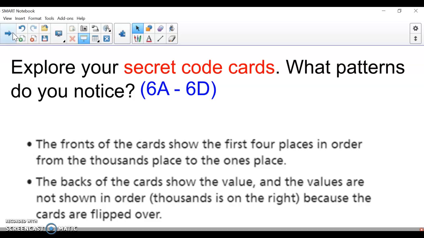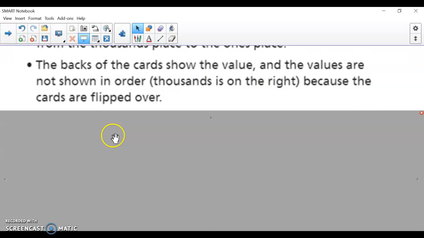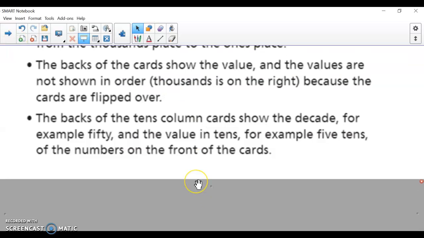And so the back is going to show you the value, but it's going to show you the value in words, what it's saying, or how you say it, that word form. And then the backs of the tens column cards show the decade. For example, 50 and the value of tens, or 5 tens, which the numbers on the front of the cards represent.